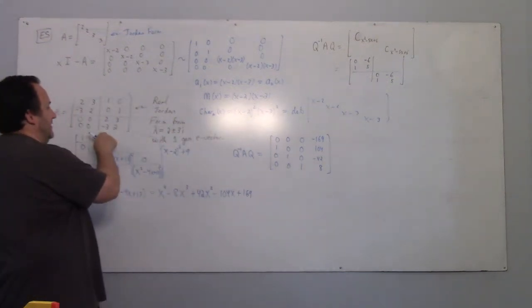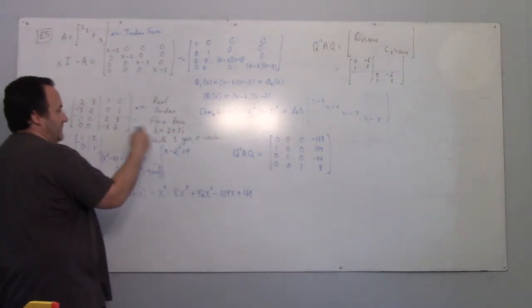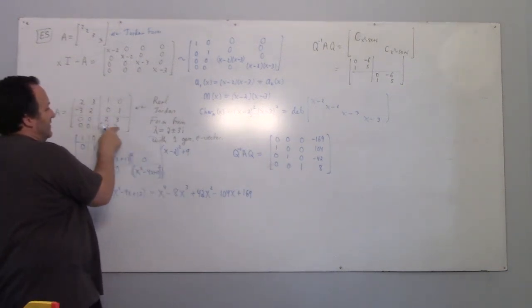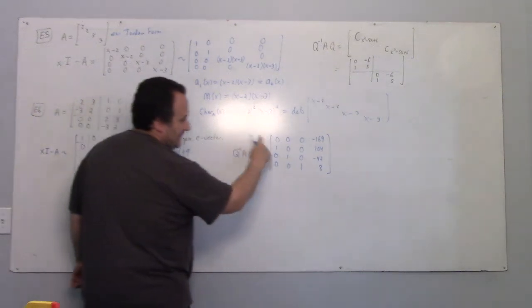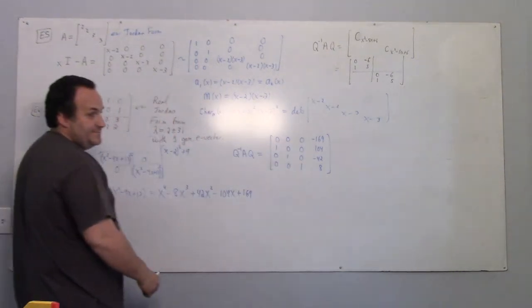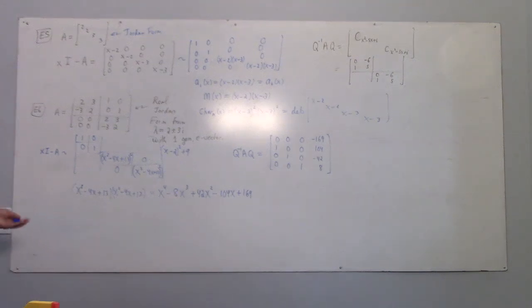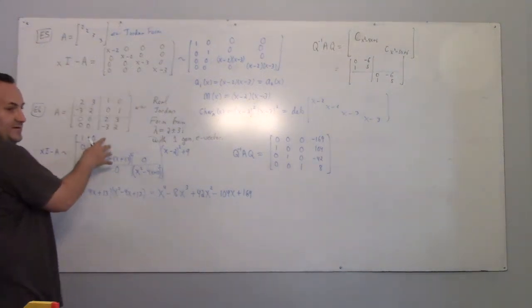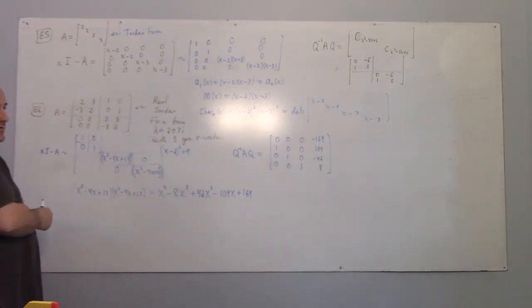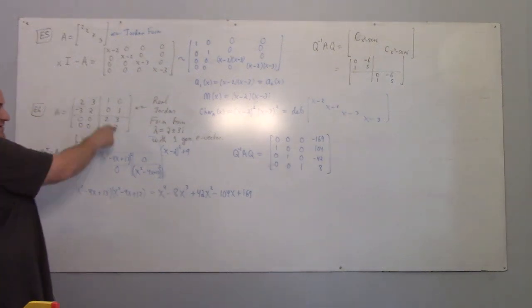So anything I can say about this matrix is also true for that one. For example, the trace of this matrix, 2 plus 2 plus 2 plus 2, is 8. The trace of this matrix is 8. Not an accident. The trace of similar matrices is equal. The determinant of this matrix is the determinant of that times the determinant of that, which is 13 times 13, is 169.